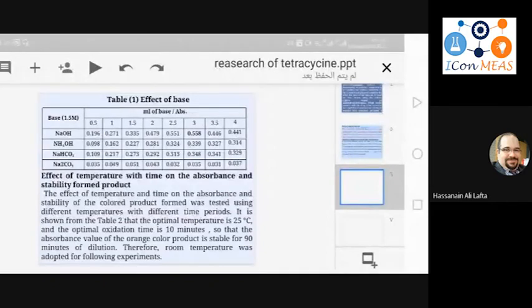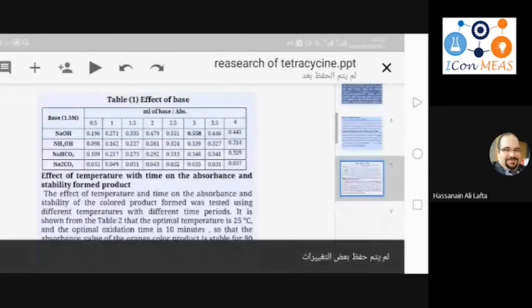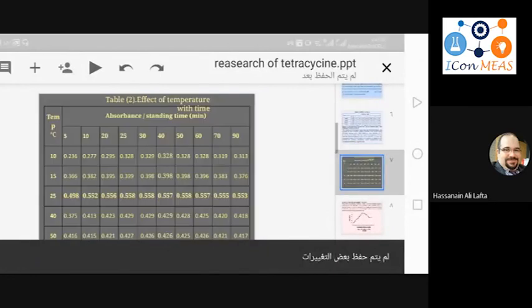Therefore, room temperature was adopted for the following experiments. The results are shown in table 2.